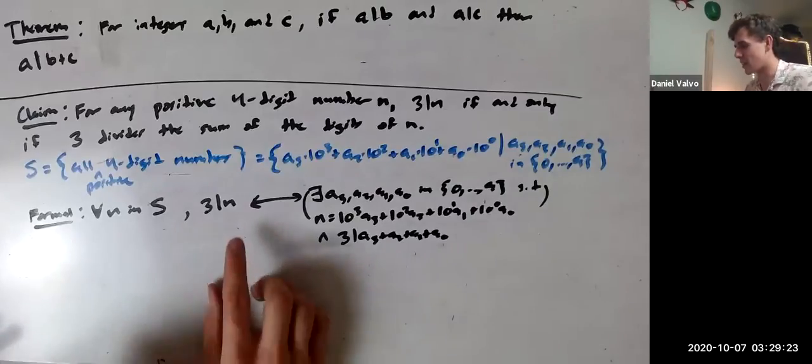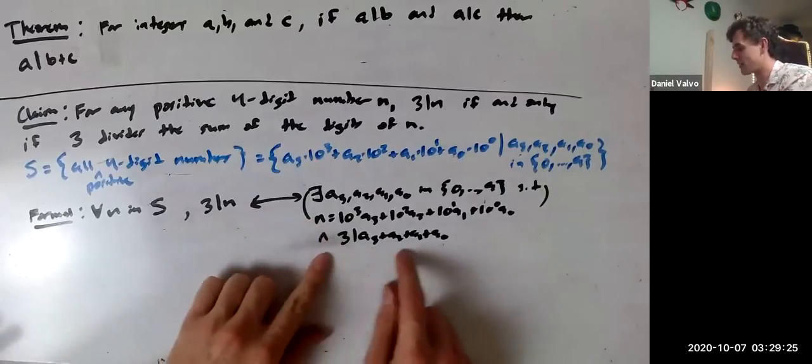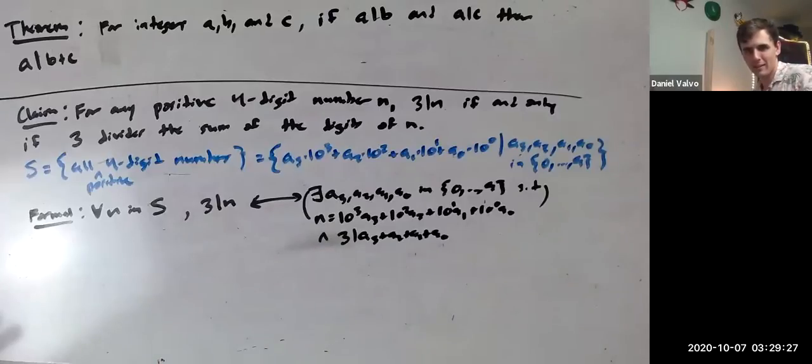All this is saying is that 3 divides n if and only if 3 divides the sum of the digits. This part's just telling you how to write n in base 10, basically.